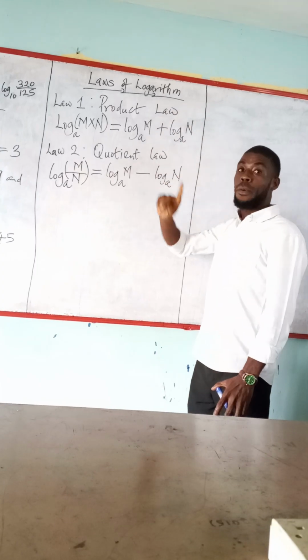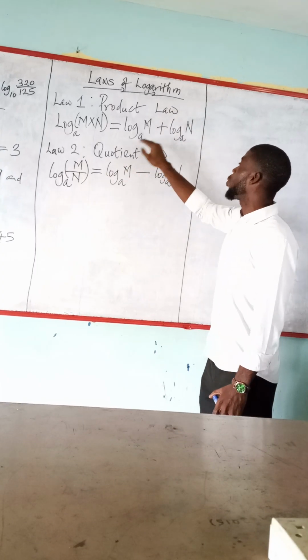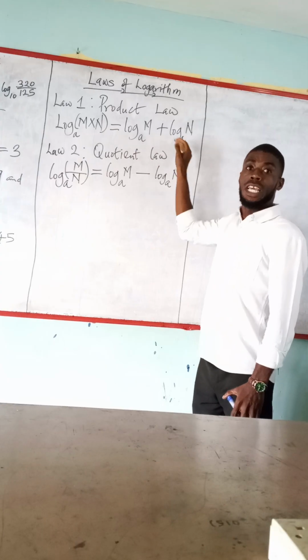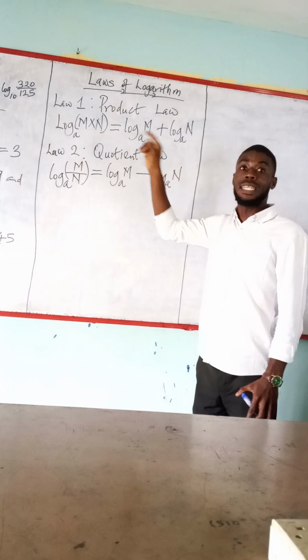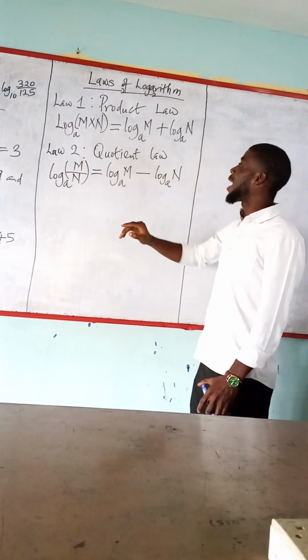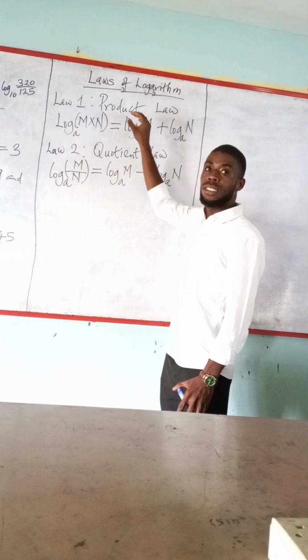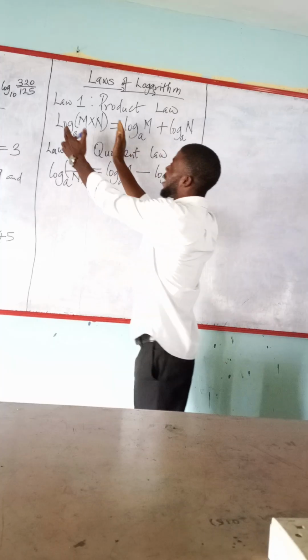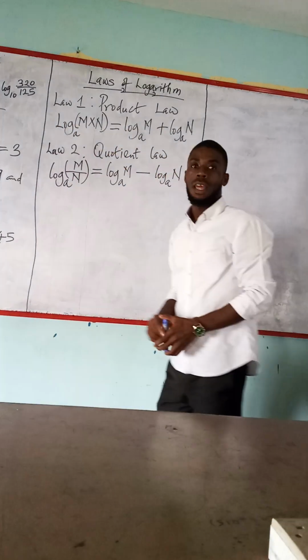But before I make that conclusion, I will need to look at the base of the logarithms. If the bases of the logarithms are the same, and the coefficient of each of the logarithms is 1, I can then conclude that this is a product rule.